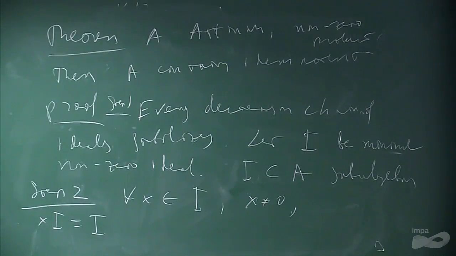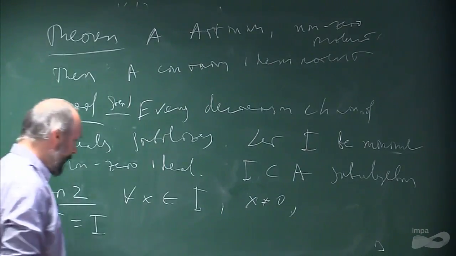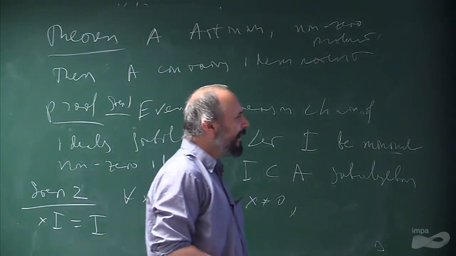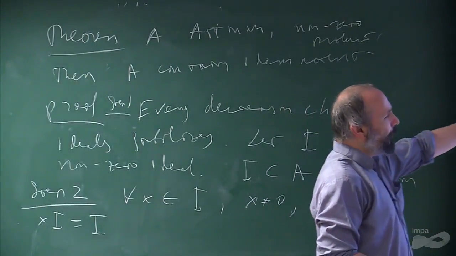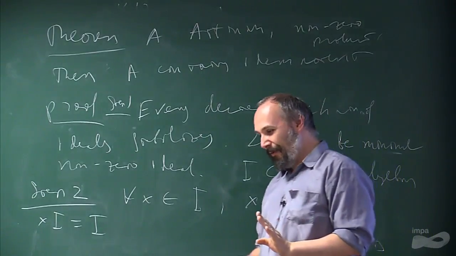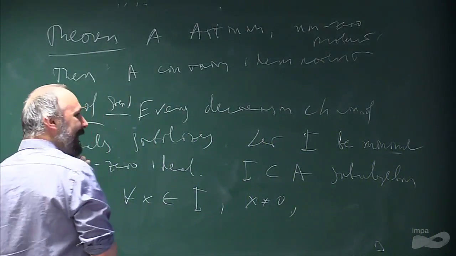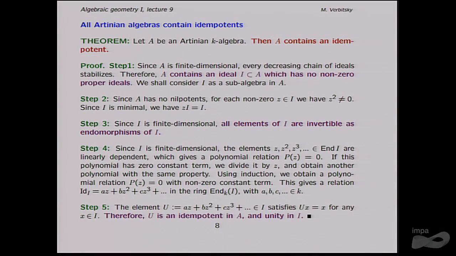Well, it could be zero, in fact. But at some point, I will assume we have no nilpotence. I should put here no nilpotence, otherwise this proof just stupidly fails.